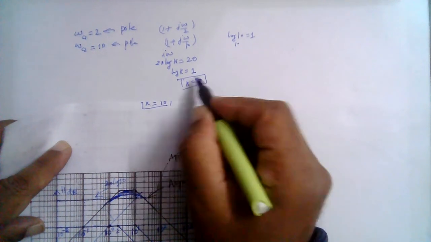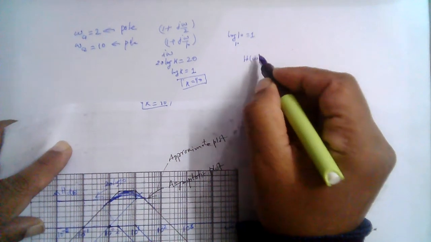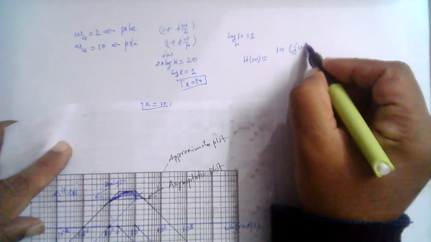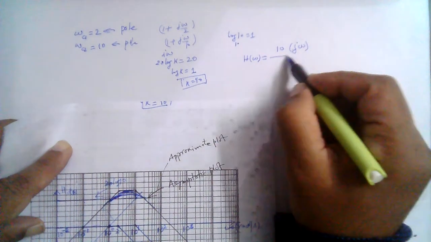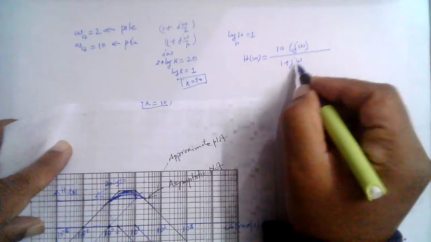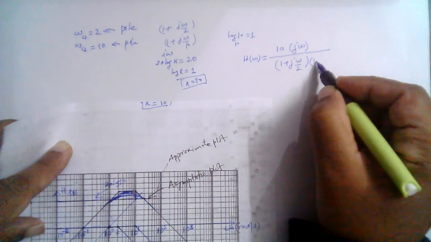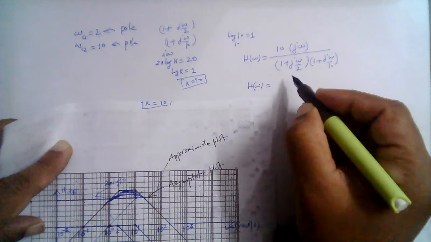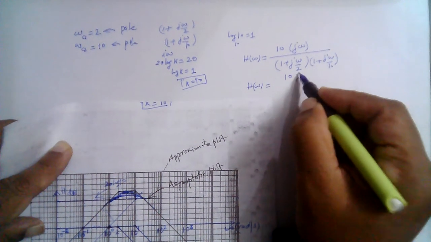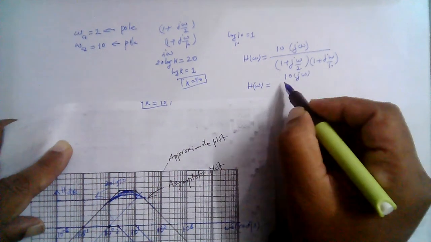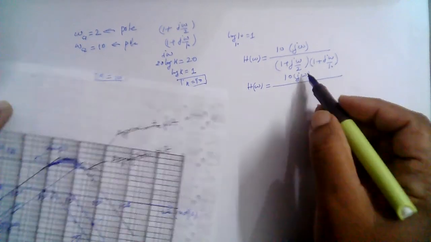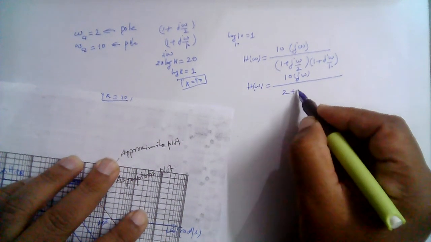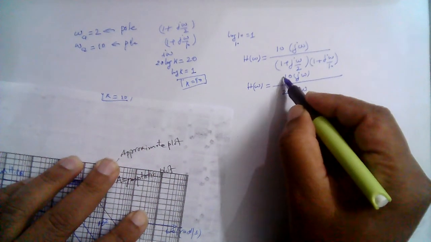Having found all these values, we can put together our transfer function. H of omega is k, which is 10, then we have a zero at the origin, j omega, and we have a pole 1 plus j omega over 2, and a pole 1 plus j omega over 10. Writing this as 10 j omega, we take the LCM as 2, so this is 2 plus j omega, and the 2 comes here.